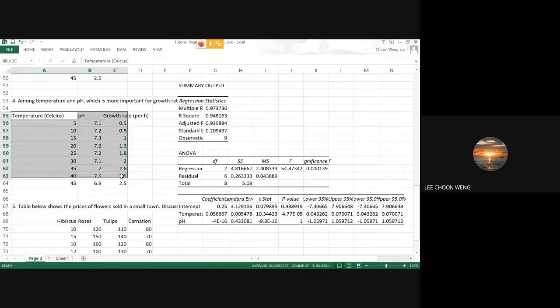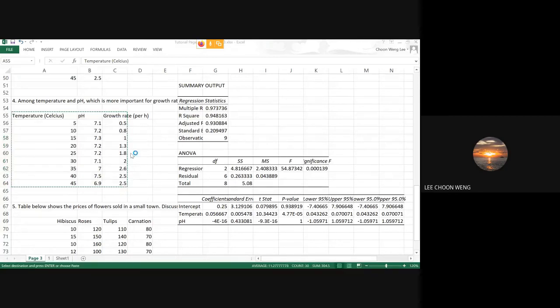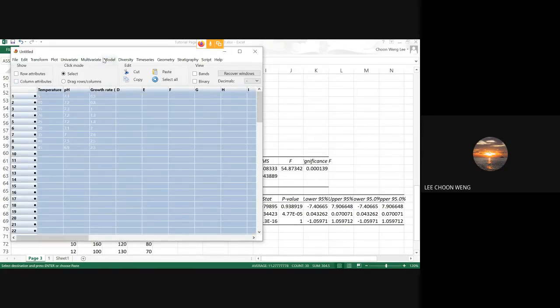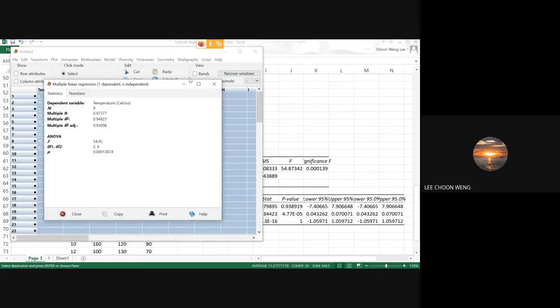So if you were to do this in PAST, you're using one dependent and independent.